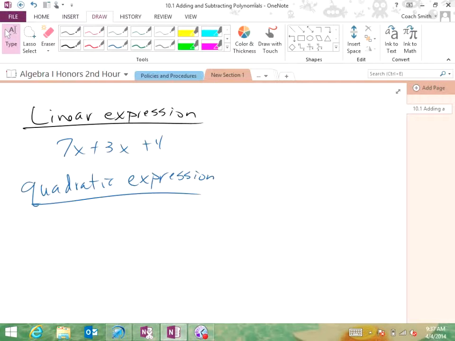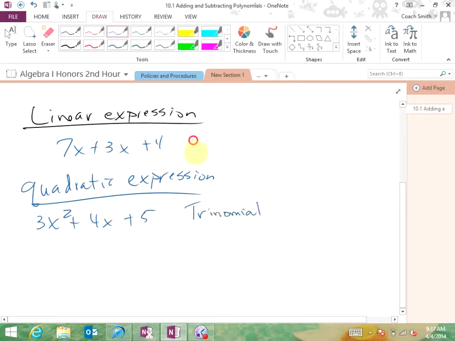A quadratic expression is going to look like this. But understand that a quadratic expression is a polynomial. And what type of polynomial is it? Mono, bi, tri? Tri. It's a trinomial. This up here is a trinomial.